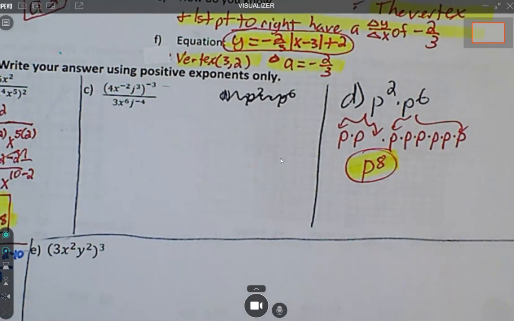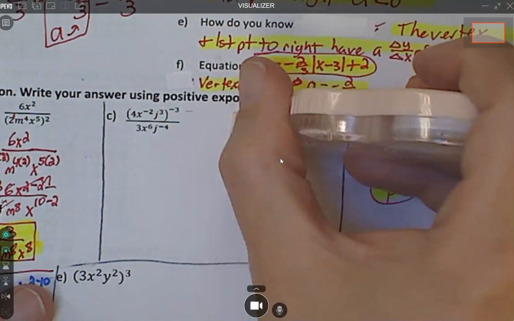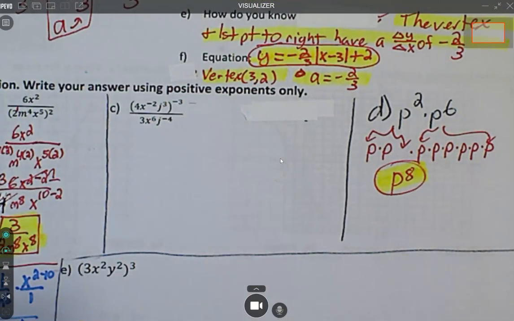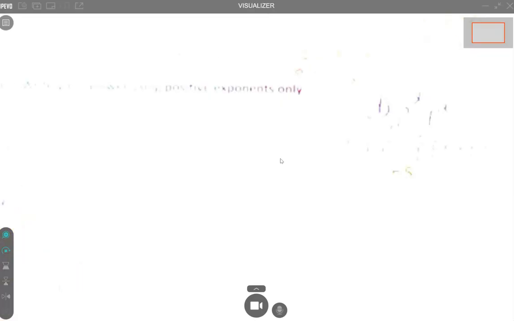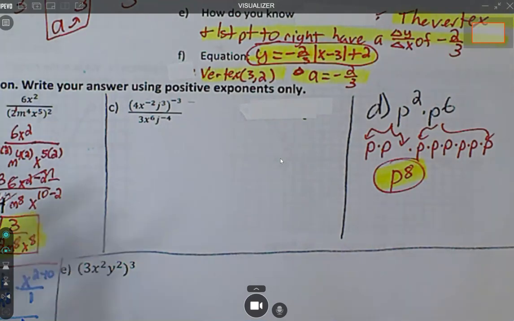Okay, this one, ooh man, this one's a tough one. Okay. So this is going to be difficult, okay? This is the toughest one I've seen on all the classworks.